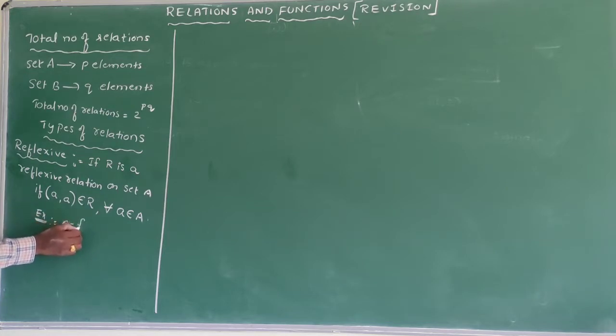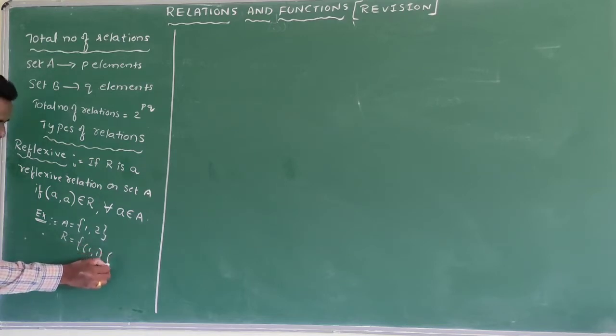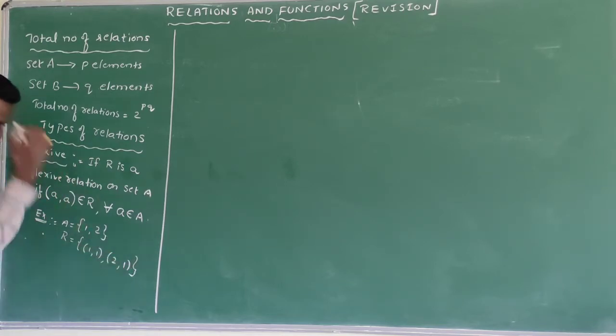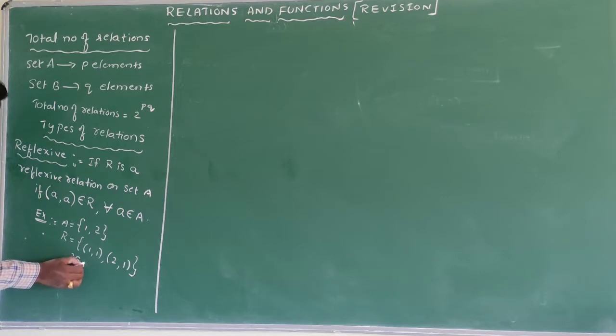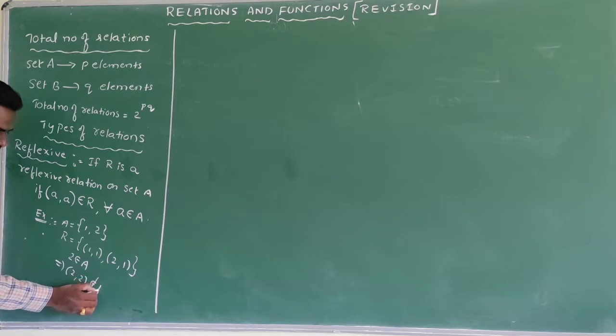Set is {1, 2} and R equals {(1, 1), (2, 1)}. We need to verify whether this relation is reflexive or not. No, because if you take 1, the pair (1, 1) is there. If you take 2, the pair (2, 2) is not there. So here 2 belongs to A, but (2, 2) does not belong to R.